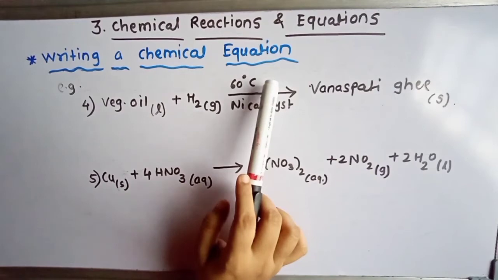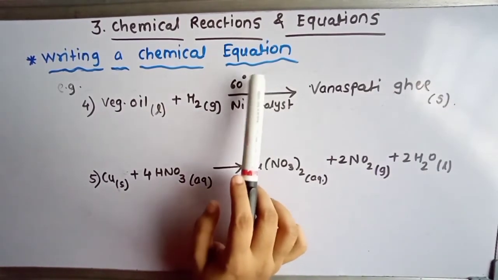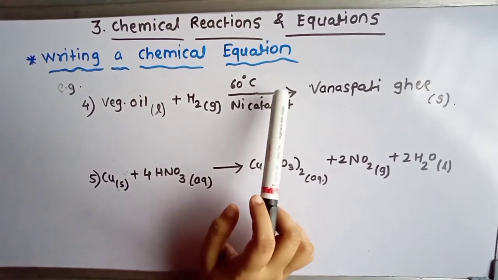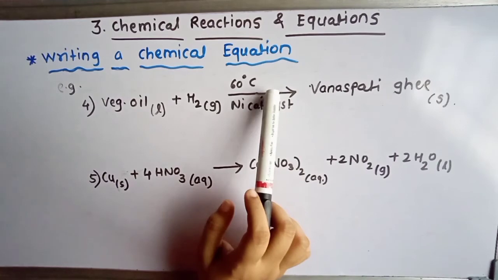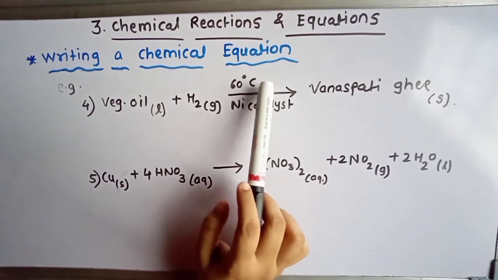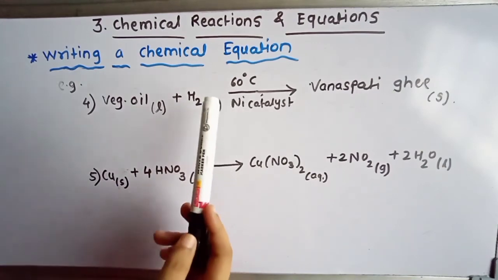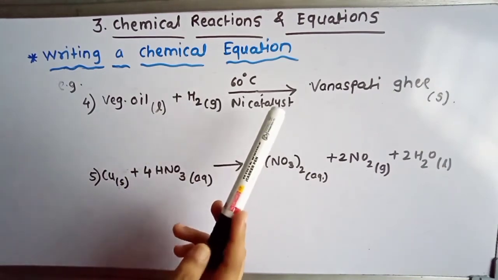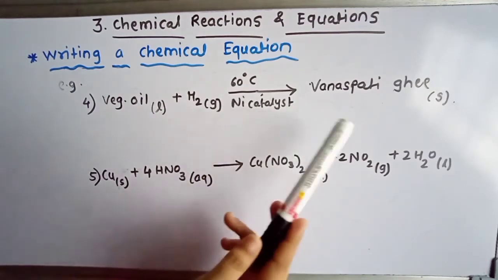So here conditions are written on the arrow, okay. 60 degree Celsius and nickel catalyst, meaning a catalyst is used and the temperature is 60 degree Celsius, okay. Is this thing clear to you? So certain conditions of temperature, pressure, catalyst, etc. are mentioned on the arrow pointing from reactants to products.